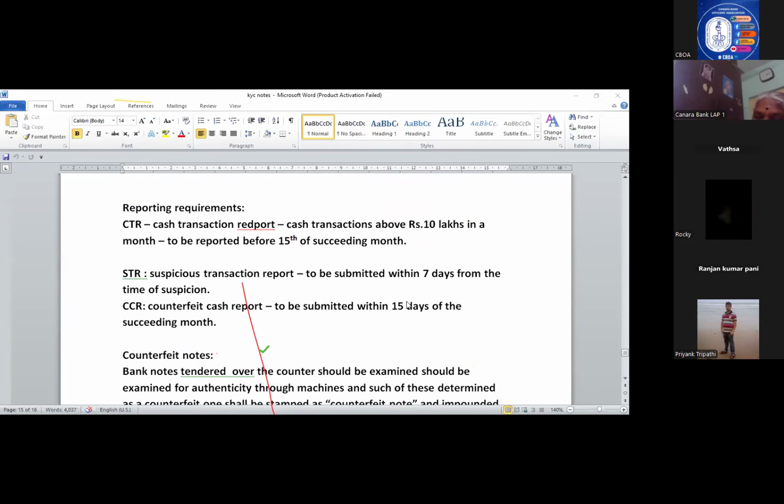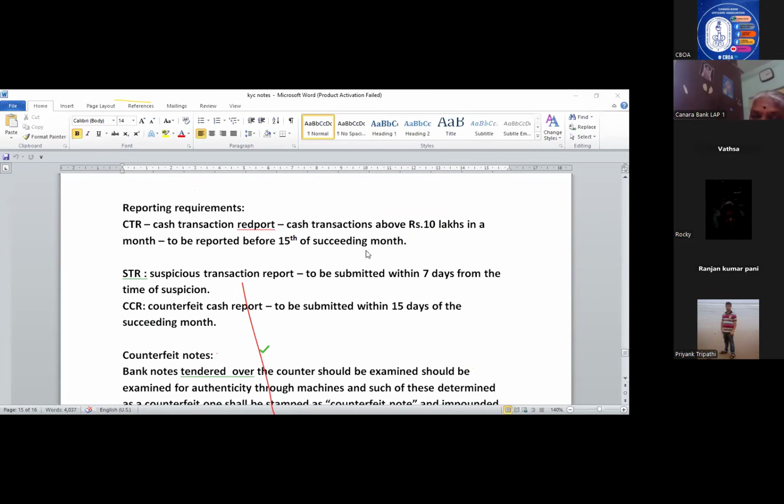Then as per KYC, the reporting of transactions. What are the reporting requirements? We have 3 reports which we have to submit as per KYC. One is CTR. CTR means cash transaction report. Here we report cash transactions above 10 lakhs.